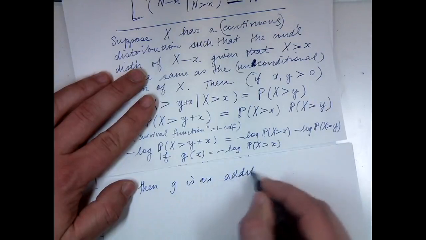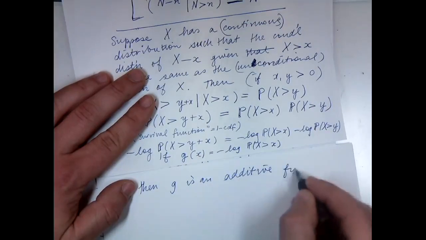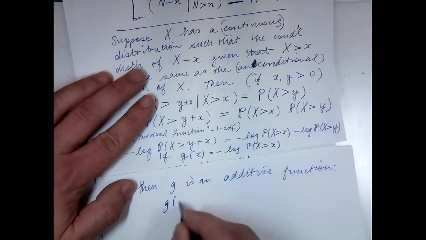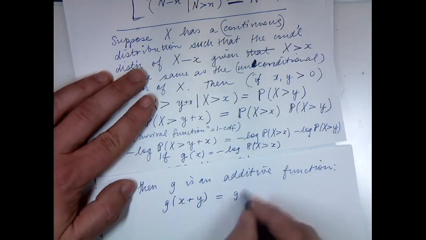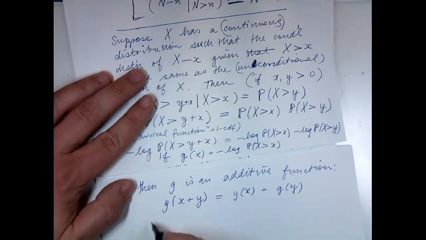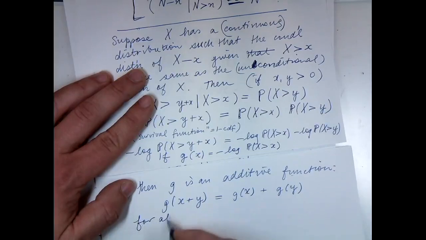That may not be a standard word, so I'll say what it means: g of x plus y, that's what we had on the left-hand side, equals g of x plus g of y for all x and y. Now, it's true that we only did this for x and y greater than 0.